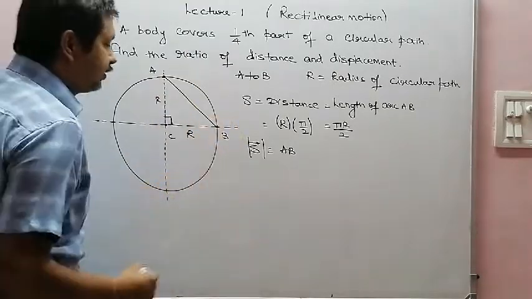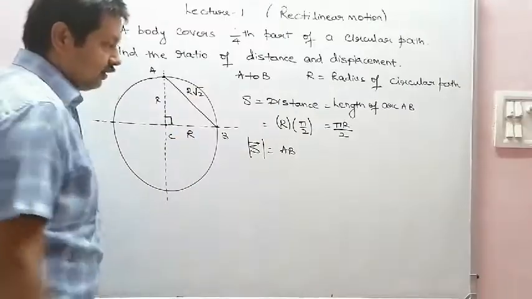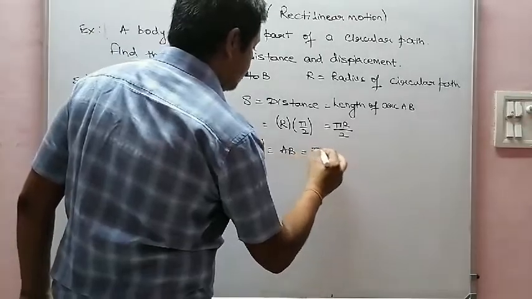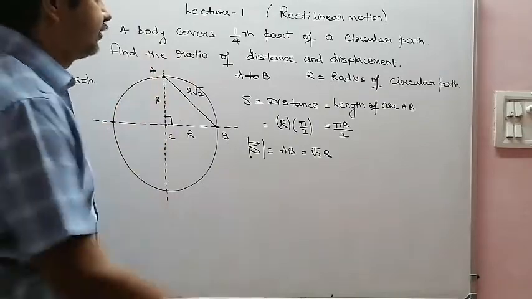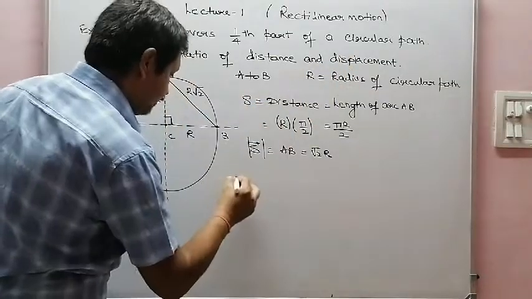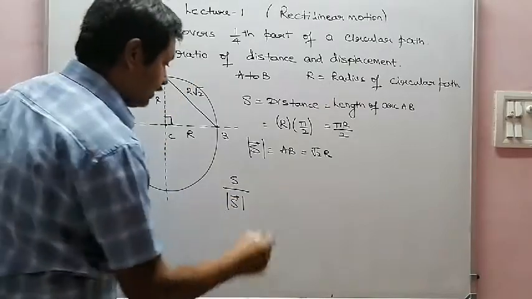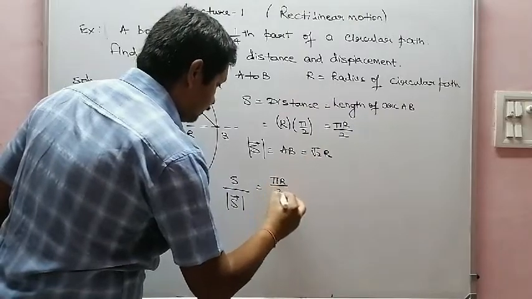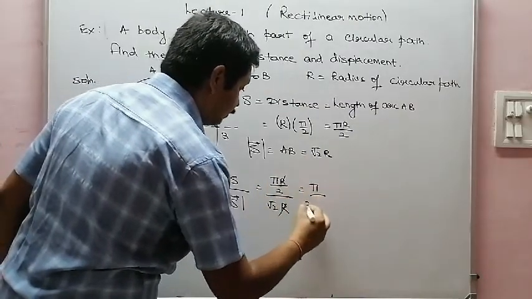So the length of the hypotenuse will be R root 2. So magnitude of displacement AB becomes root 2 R. Then the ratio of distance and magnitude of displacement is pi R by 2 by root 2 R. R gets cancelled out, pi by 2 root 2.